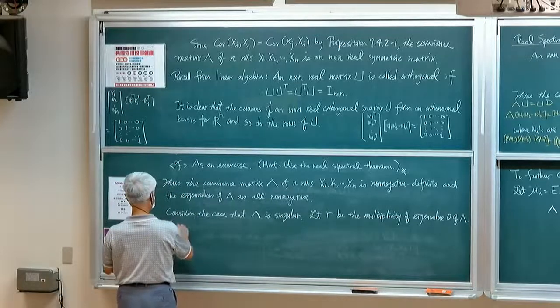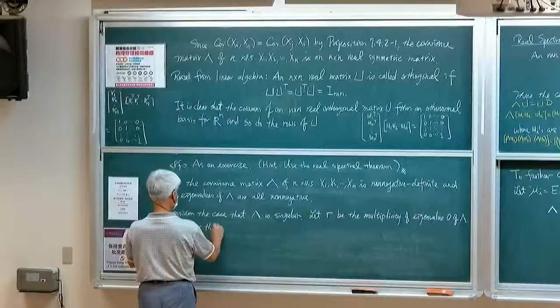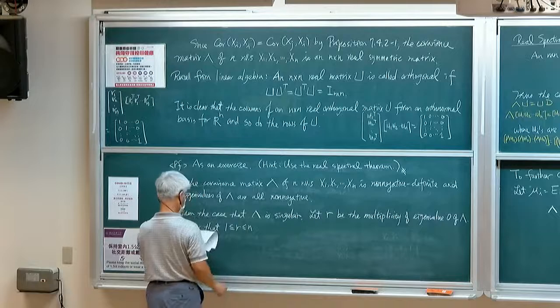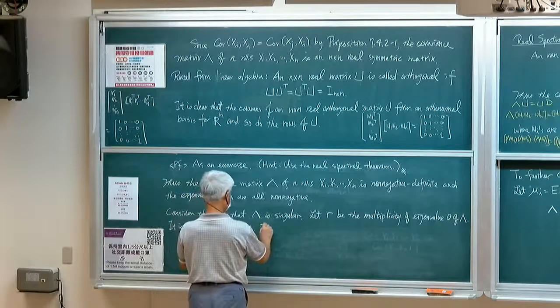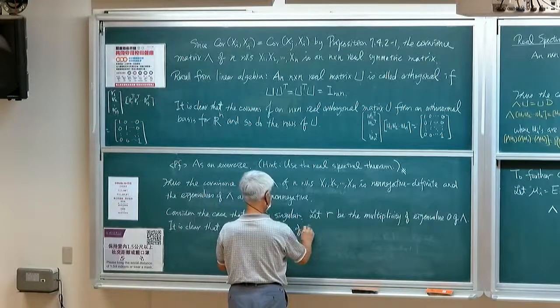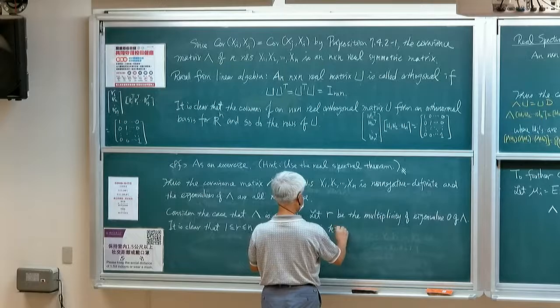So now it is clear that r will be from 1 to n, and the rank of lambda is clearly k, which is equal to n minus r.